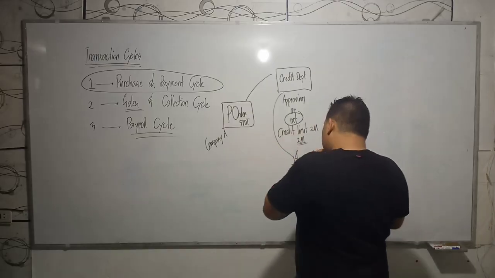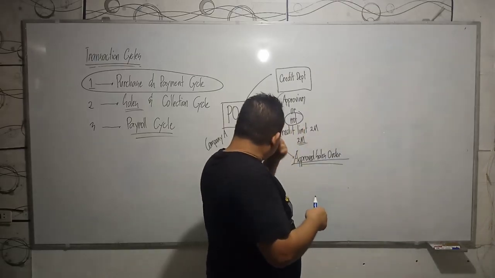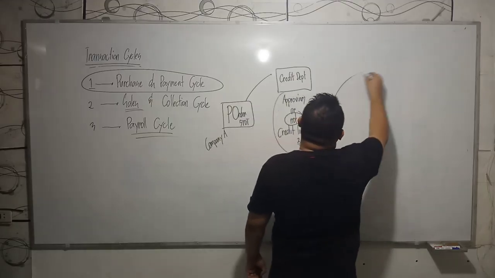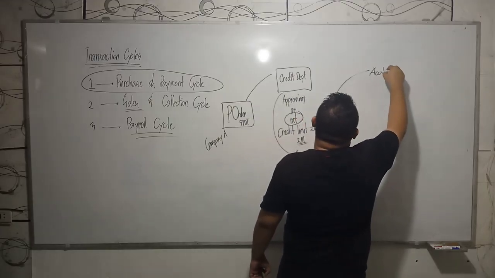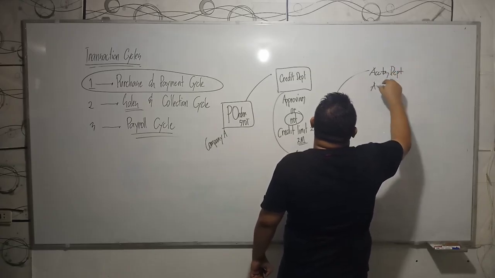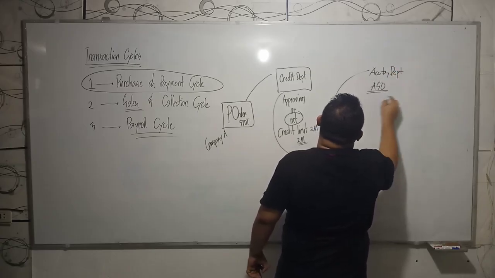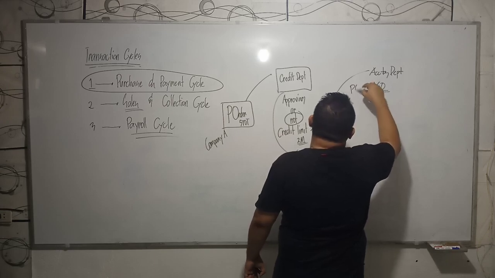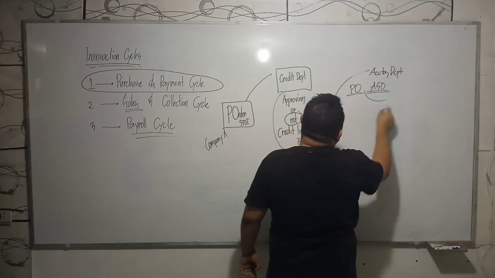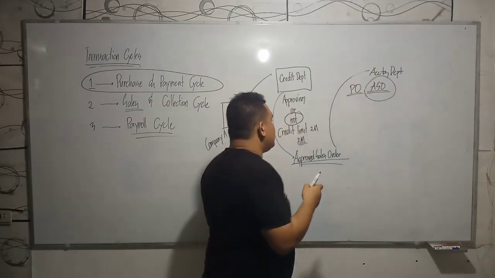So that's the approved sales order. One of the copies of the approved sales order normally goes to the accounting department, so that the accounting department will know what are those POs. Normally, the PO is also attached. The purchase order, if it is approved, becomes an approved sales order already.